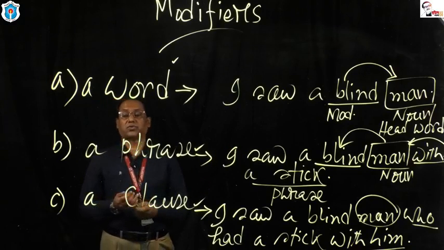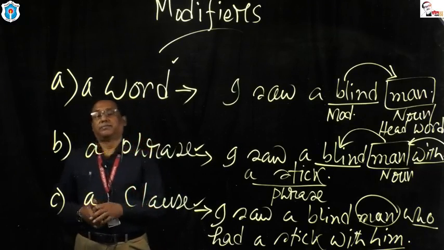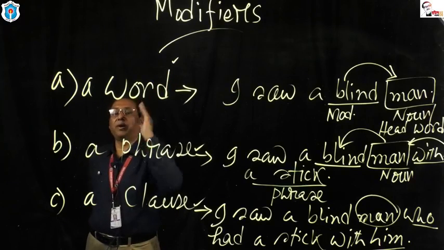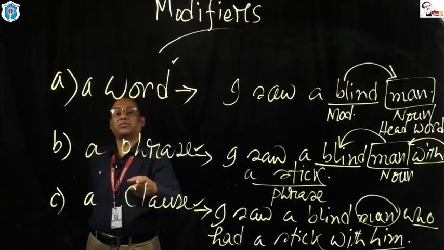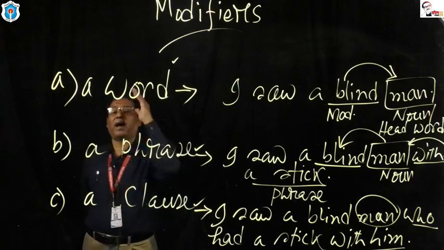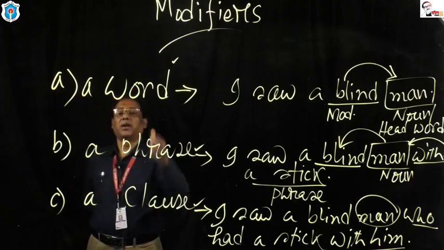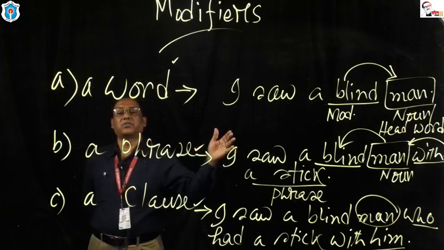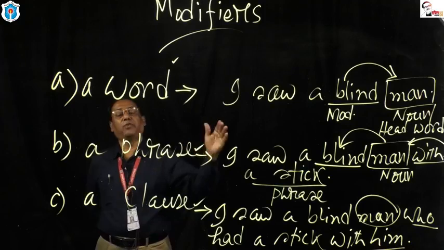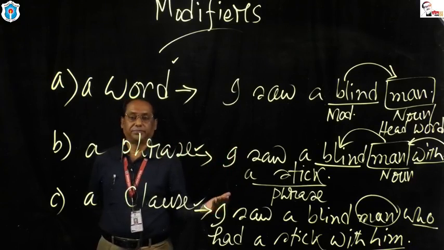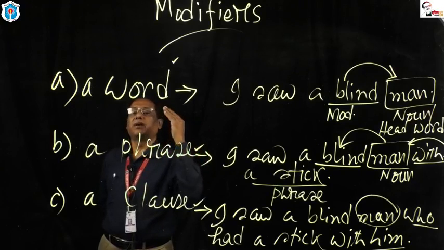My dear students, then what is a modifier? My answer is modifier is a word or a phrase or a clause. My second question, where it is used? My answer is that it is used either before or after another word or phrase. That very word may be a noun, a verb or adverb or adjective, whatever. I call it head word.